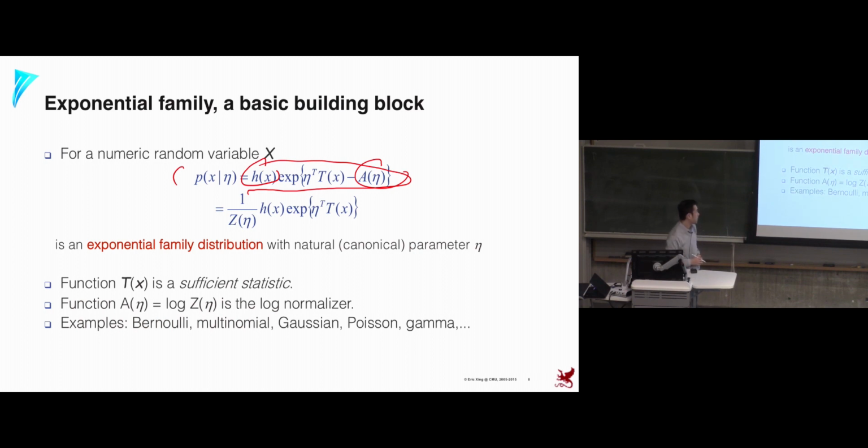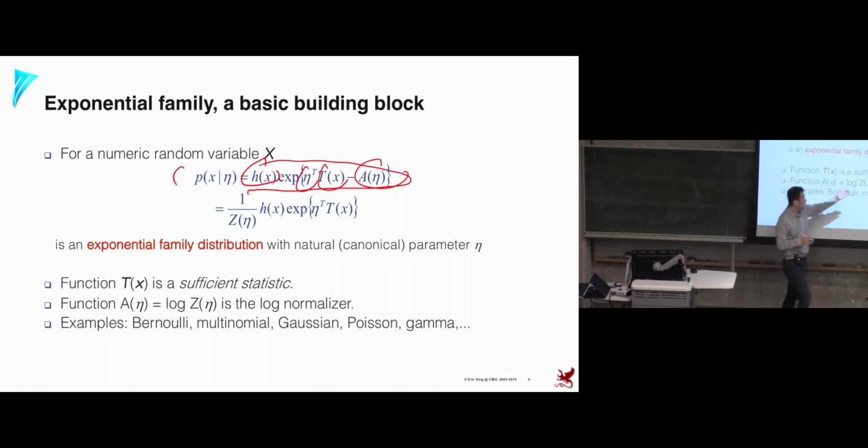Okay, and why it is interesting to study this, as you will see very soon, is that the estimation of the parameters eta will only require information about this T of x and nothing else. That's the beauty. Okay, and that gives you some kind of a generic process of doing parameter estimation. And the members of this family include almost all the things that you ever heard about in practical statistics or probabilistic modeling.